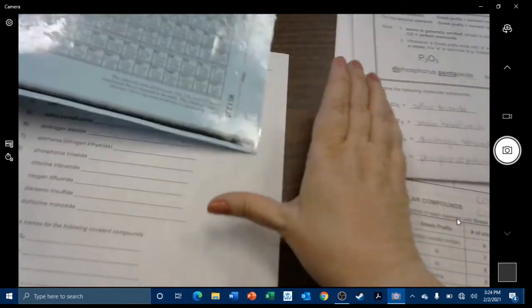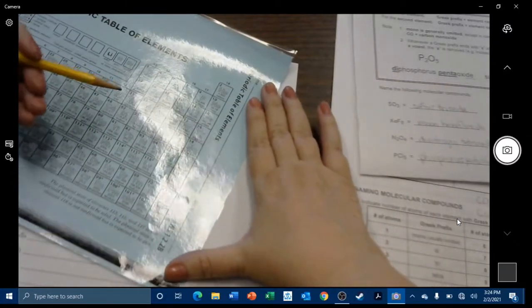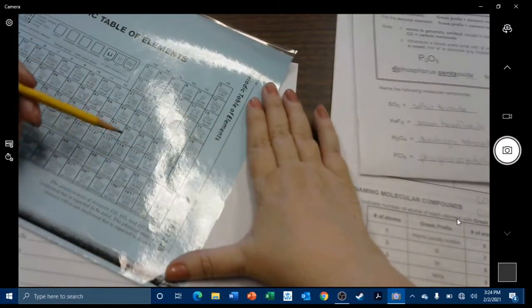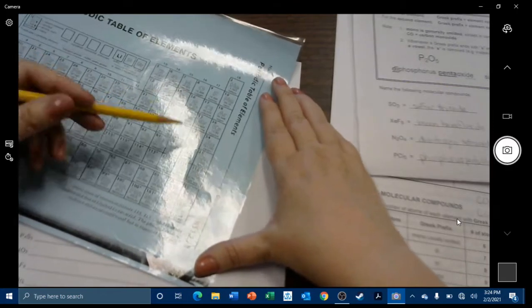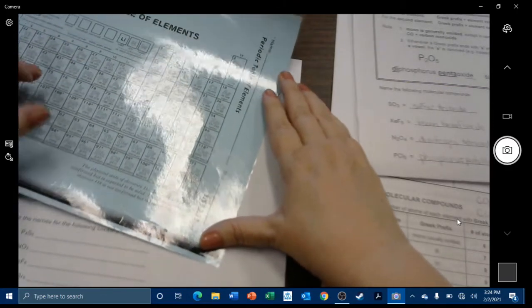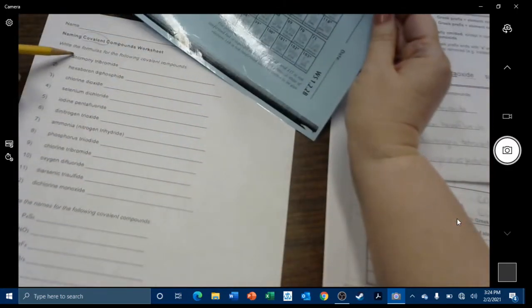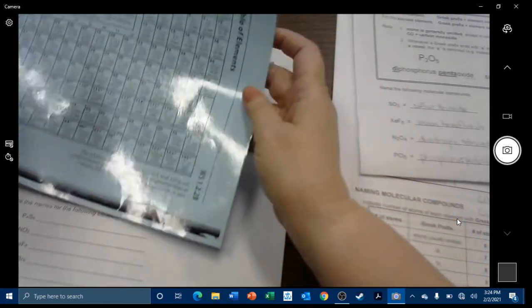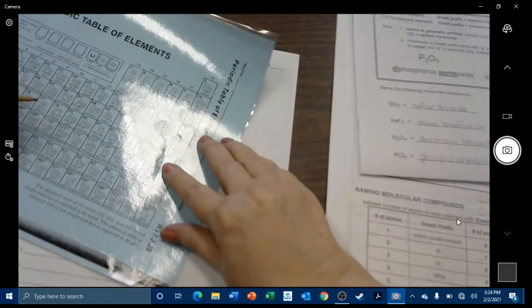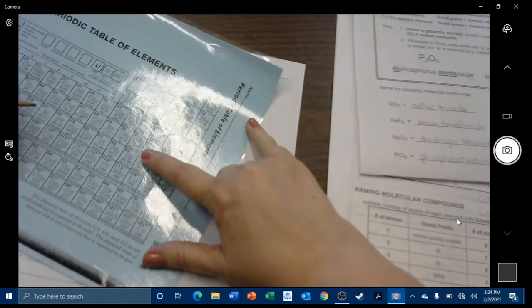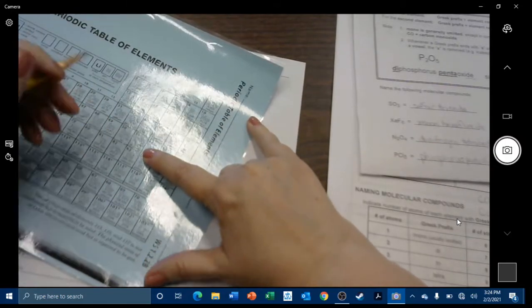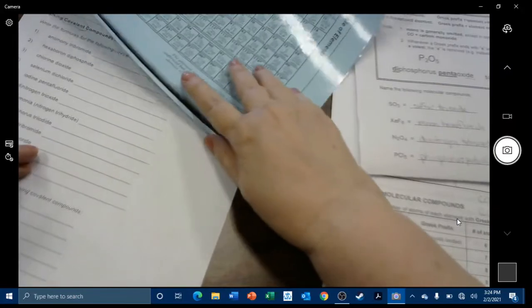And because covalent compounds only have nonmetals, they're all going to be over here. Okay, because remember the nonmetals are on the right side. Okay, so let's look at the first one, antimony tribromide. Let's find antimony. It's right here. It's Sb, and there's only one.